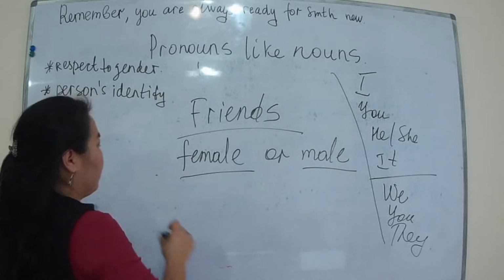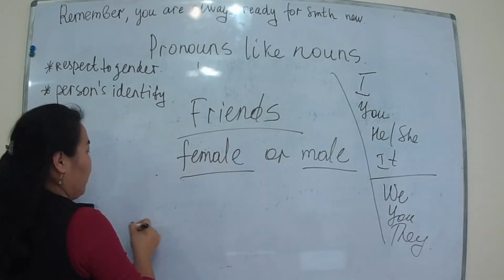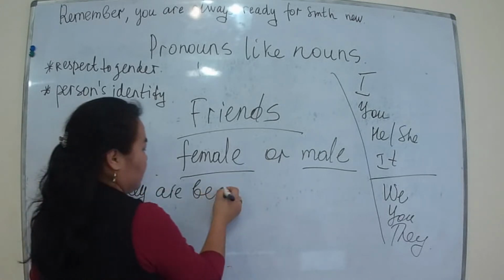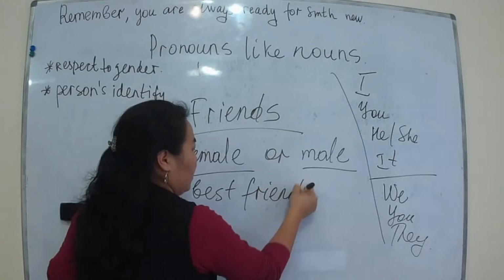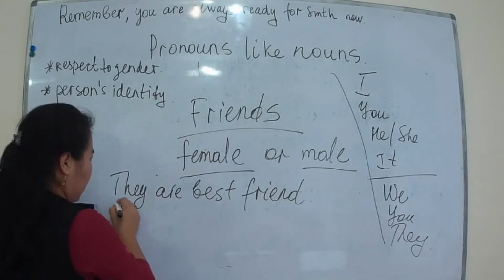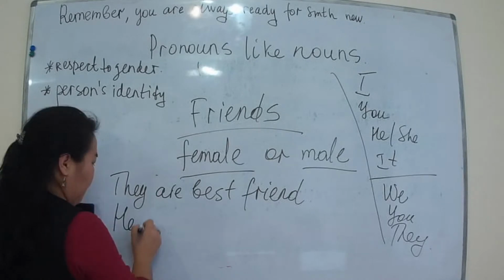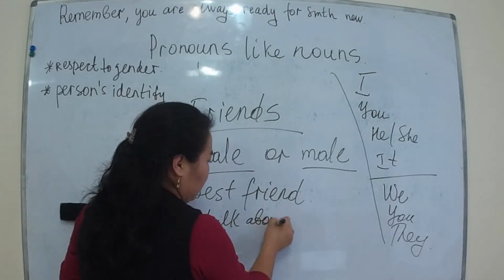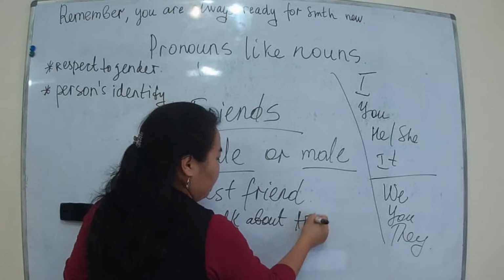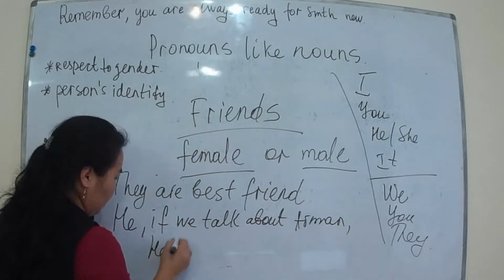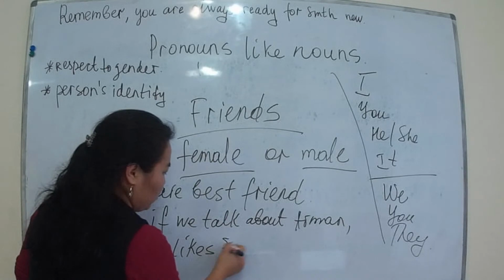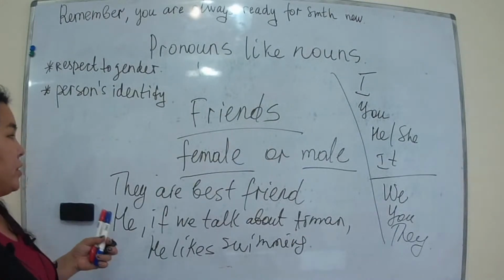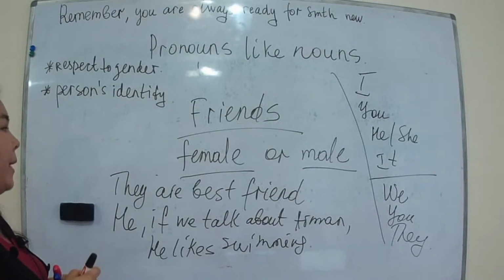For example, we have the topic. They are best friends. We have the sentence: they are best friends. He, if we talk about Arman, he likes swimming. Here we identify the male.